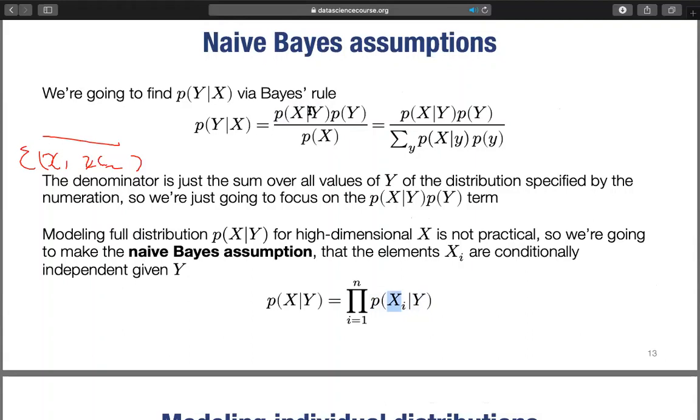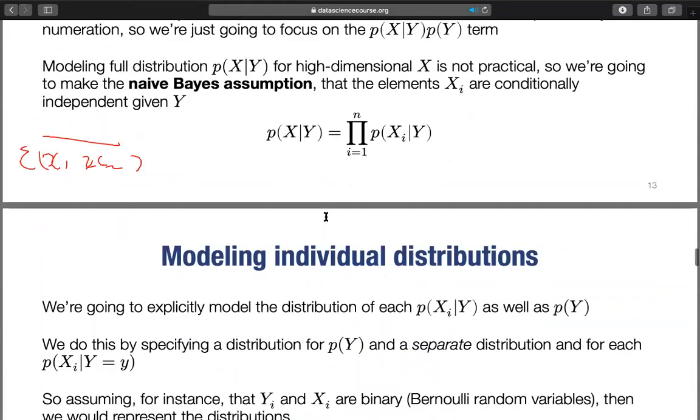This particular numerator, the probability of x given y, is not just a single feature. It can be for more than one feature, x1, x2, x3. So if you're having more than one feature, this denominator here is going to be constant, and then we can remove it out of the calculation.